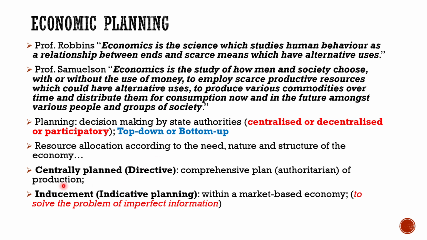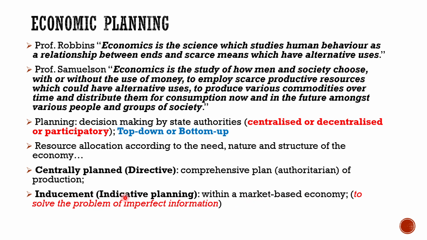Now we can differentiate between two types of planning. First is centrally planned or directive planning. It's a comprehensive plan with an authoritarian approach to production, while inducement or indicative planning is just an indication to the market, and it is applied in a market-based economy.